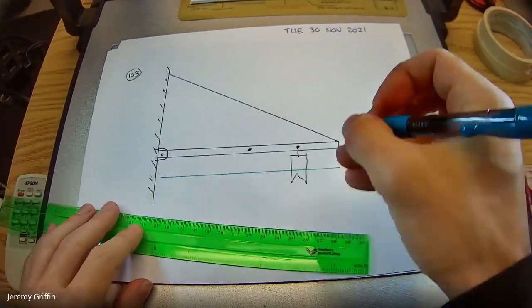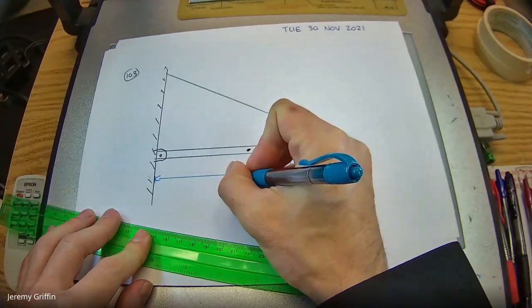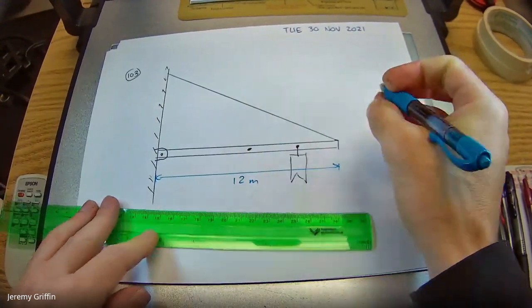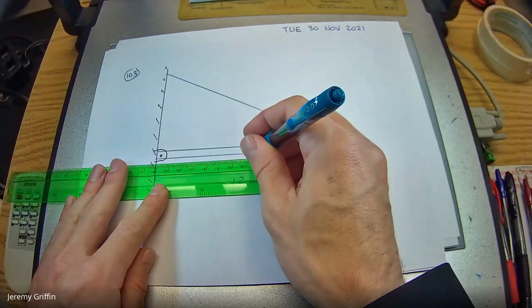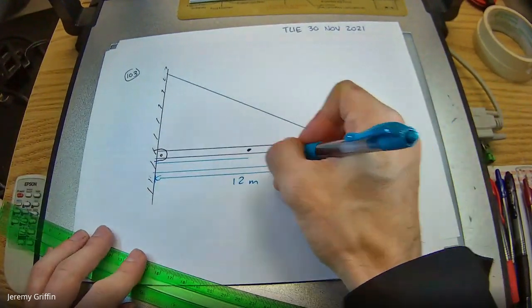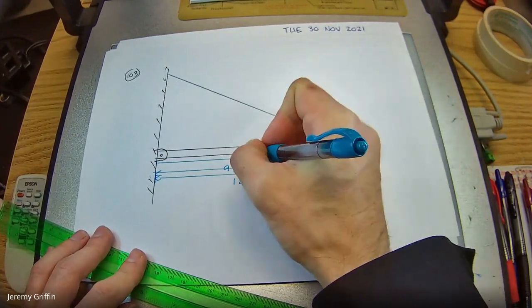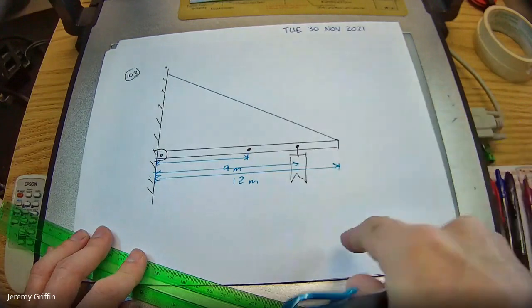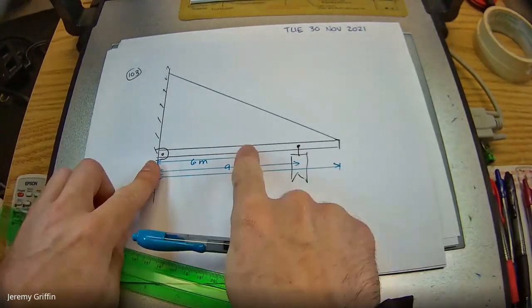Let's have the whole thing be 12 meters long, because that's easy to divvy into different fractions. Let's have the banner be at the 9 meter mark. And then the center of mass of the beam, let's put it at the geometric center, which would be 6 meters from the pivot point. So you guys see 6, 9, and 12 meters.